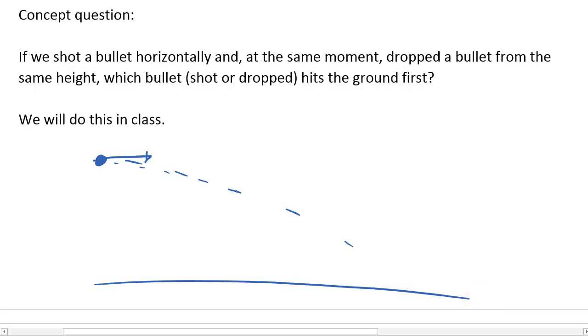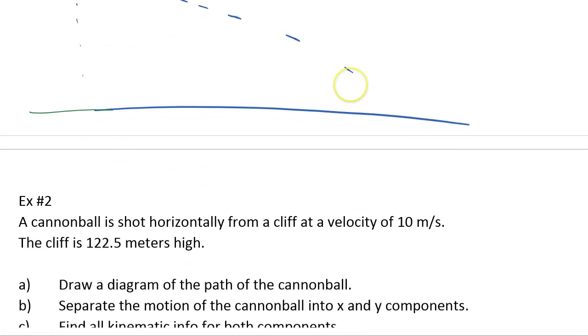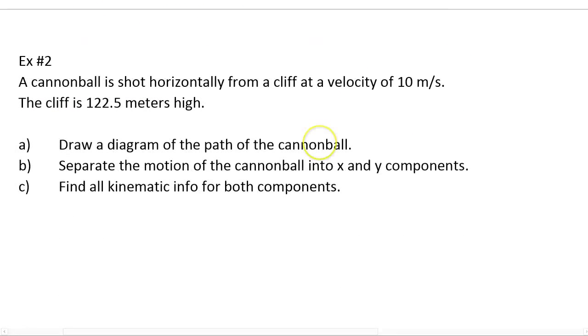Now my other one is just dropped. It has no horizontal motion, so it's going to fall this way. Which one hits the ground first is the question. We will do this in class, not with an actual bullet, but with a bullet-like object. Don't worry, no actual students will be harmed in this demonstration.